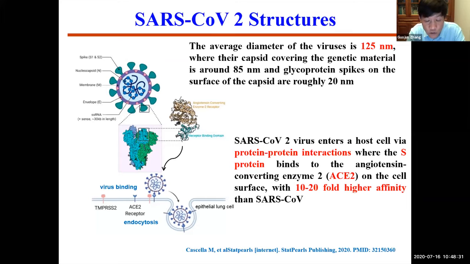Among the structural elements, the S protein plays a key role in the cause of infection. This virus enters a host cell by binding to ACE2 on the cell surface via the S protein, with 10 to 20-fold higher affinity than SARS. Maybe this is one of the reasons why this virus is more contagious than SARS.